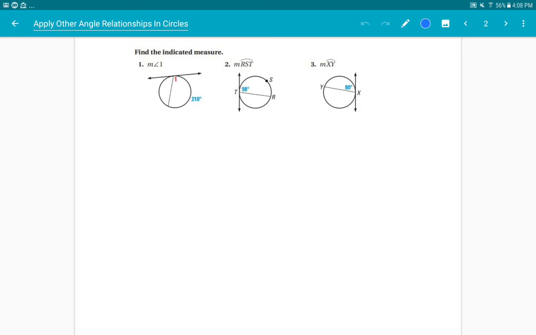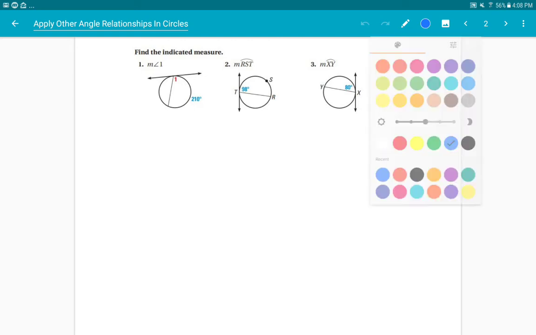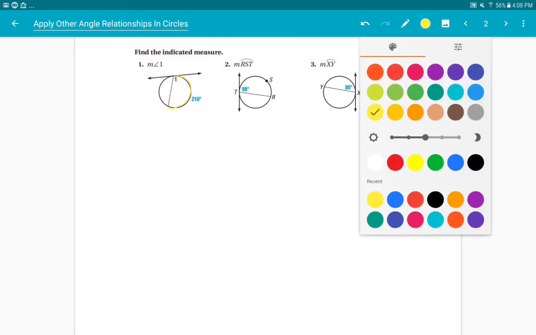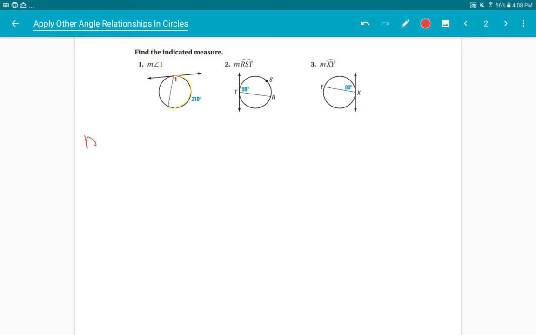They want us to find the measurement of angle 1, and they're telling us that this arc is 210 degrees. So the measurement of angle 1 is going to be equal to 1/2 of the 210 degrees. That's going to give me 105. So the measurement of angle 1 is equal to 105.